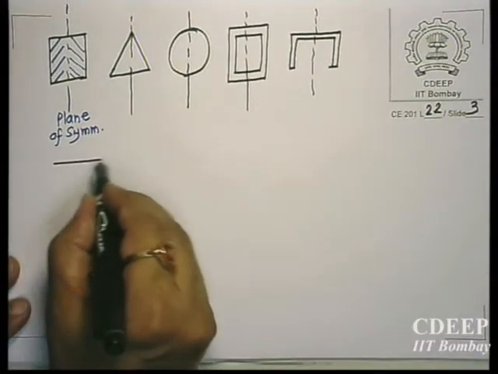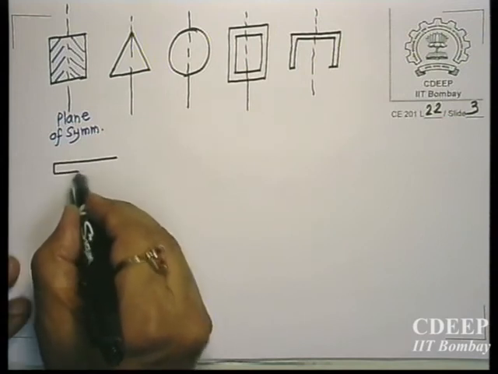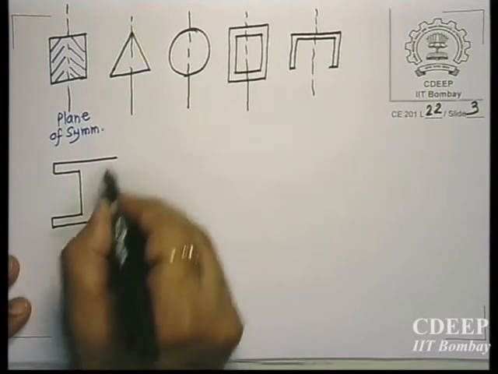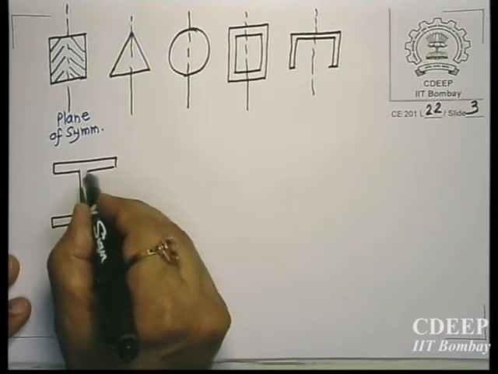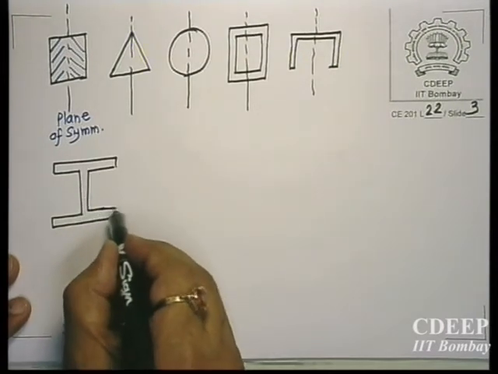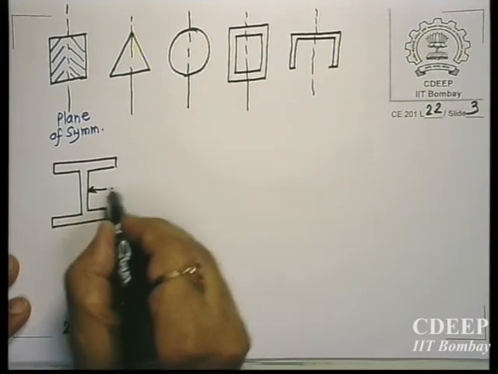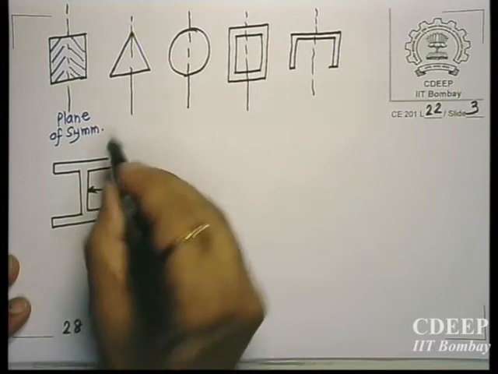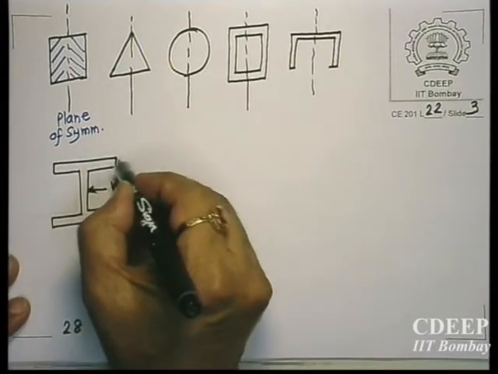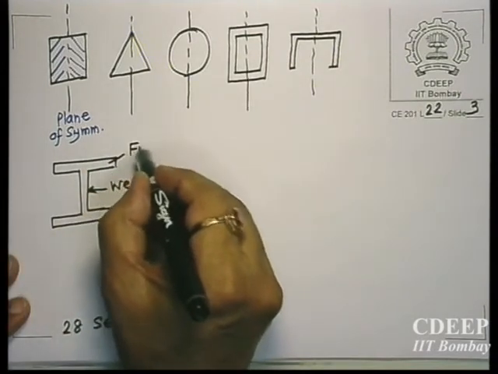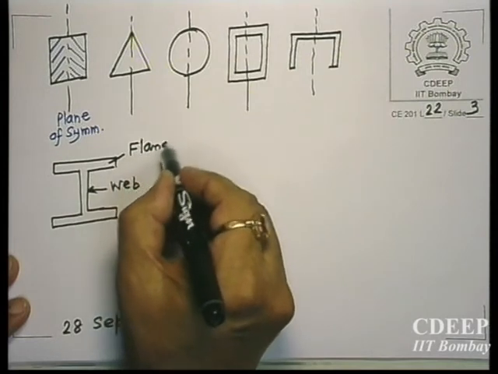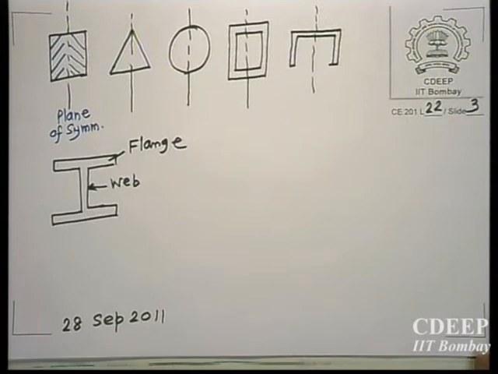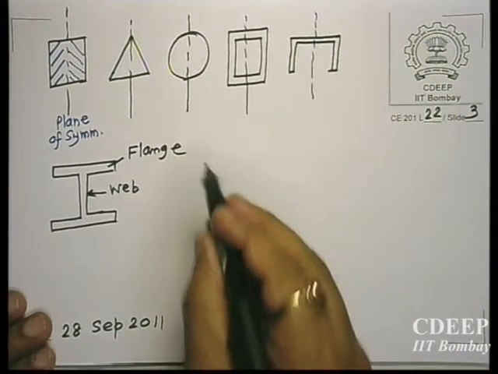I think many of you must have seen these steel girders, which are of this shape. So this is called the web. Web is this portion, and this top, these are the flanges. So it can have equal flanges, it can also have unequal flanges, like a rail line.